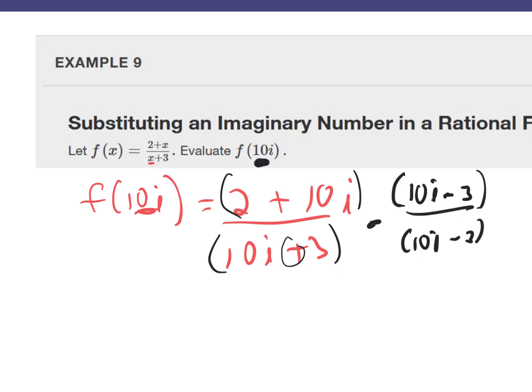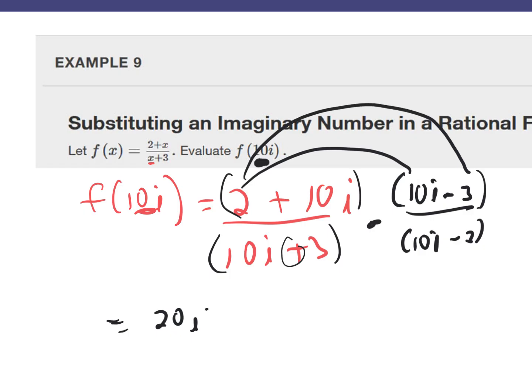So let's distribute. Use FOIL on the top. Equals first times first, 20i. That's first times first. Outers, 2 times a negative 3 is a negative 6.